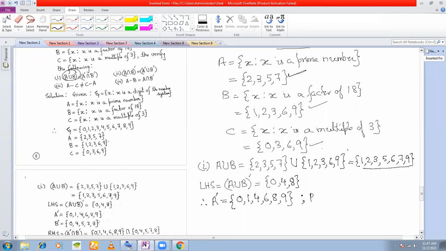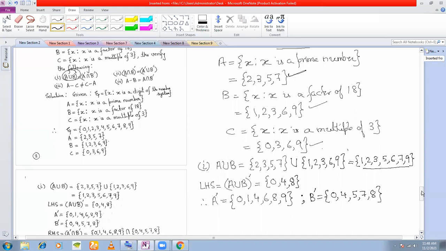Now we'll find out B complement. B complement, those elements that are not there in B. Okay. So what are the elements that are not there in B? 0 is not there in B. 4, 5, 7, 8.